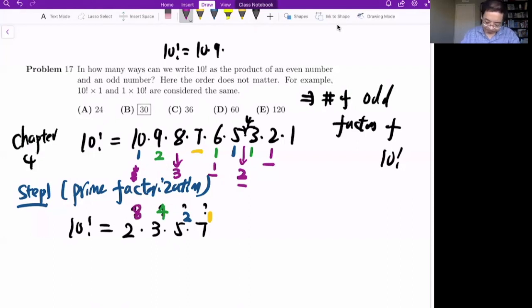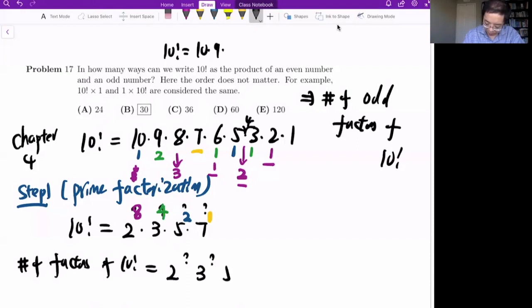Now if you look for the number of factors of 10 factorial, any factor has to be 2 to some power, 3 to some power, 5 to some power, and 7 to some power. Because it's a factor, the power of each prime cannot go beyond the power in the original number. So this one has to be less than or equal to 8, this is less than or equal to 4, this is less than or equal to 2, this is less than or equal to 1. So you go from 0 to 8, 0 to 4, 0 to 2, and 0 to 1.